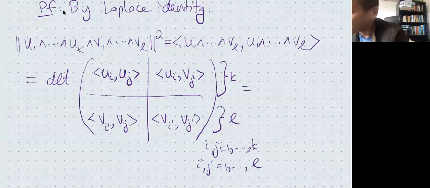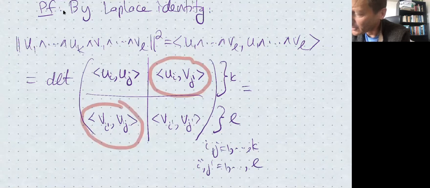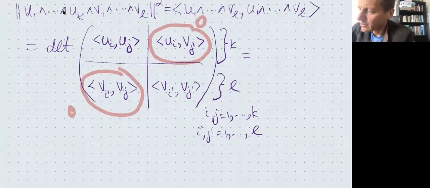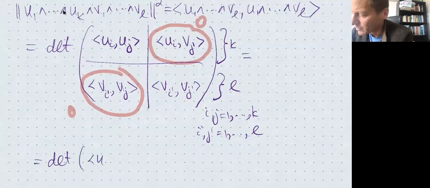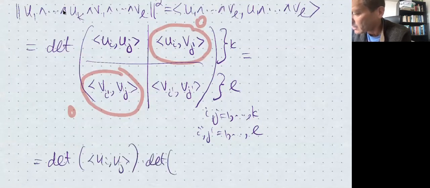But these terms are 0 because we assumed that all the UIs are all orthogonal to all the VJs. And so we get a block form, and so this equals the determinant of UI UJ times the determinant of VI VJ.